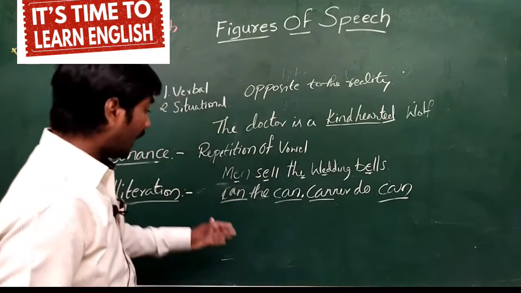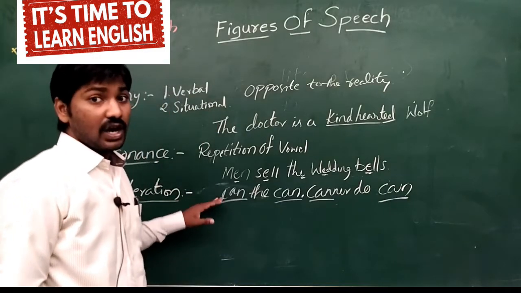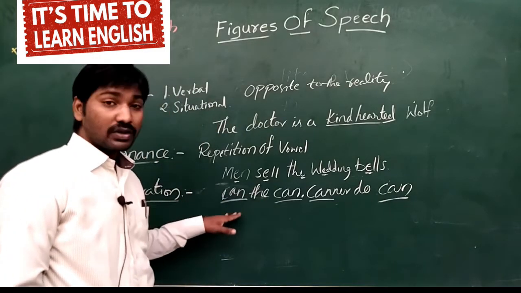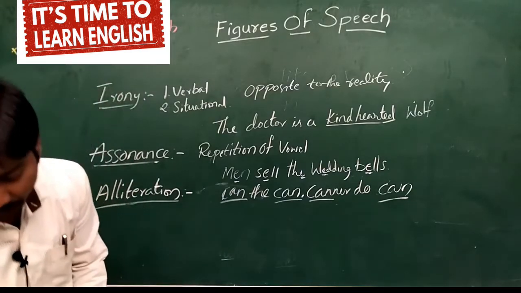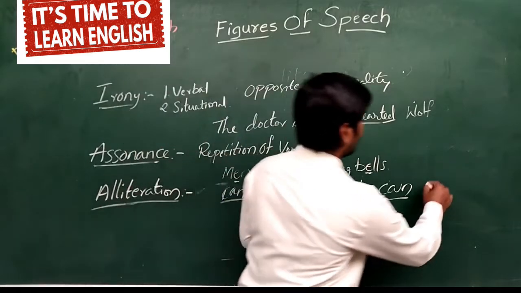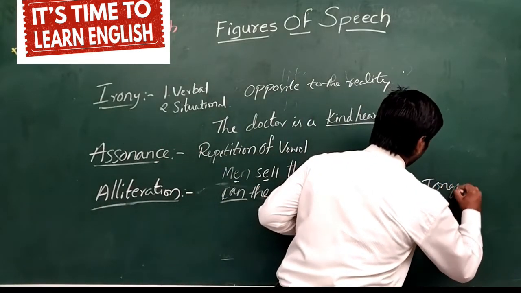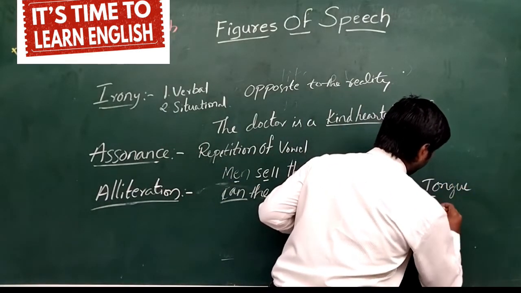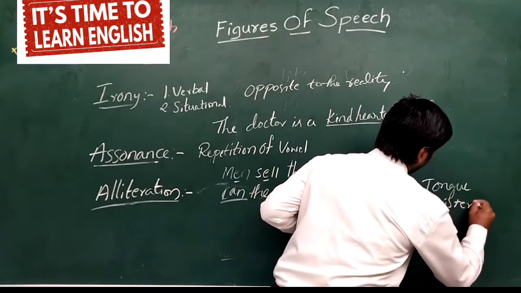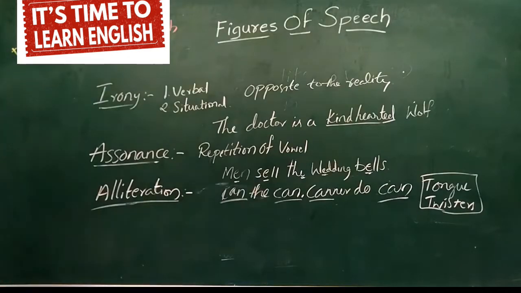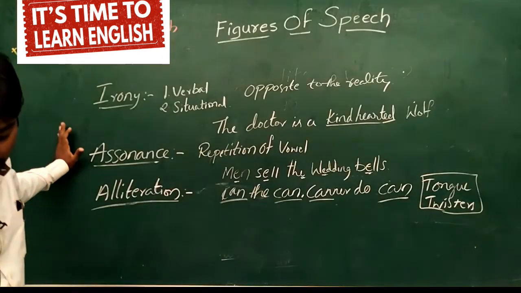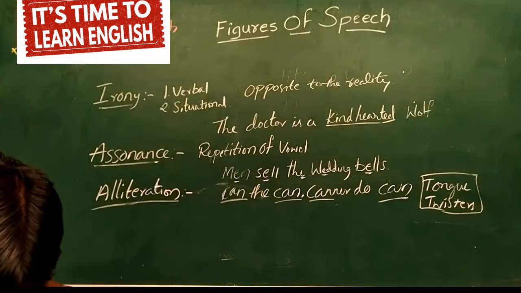If you get a repetition of words, most of the tongue twisters we can call tongue twisters were of this type, alliteration. So this is another part.